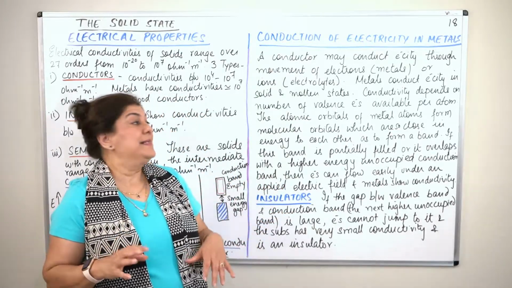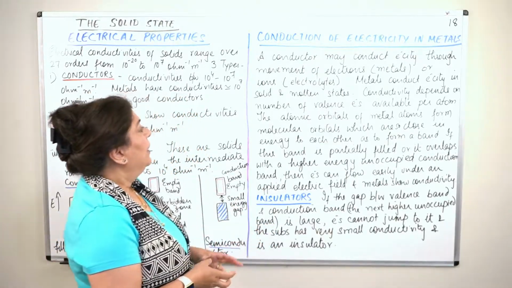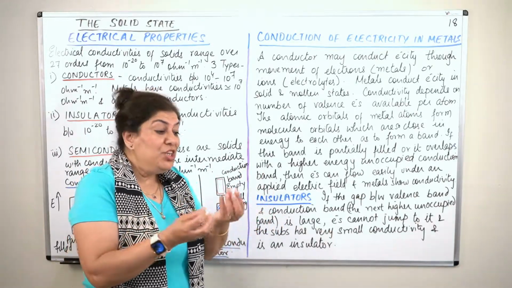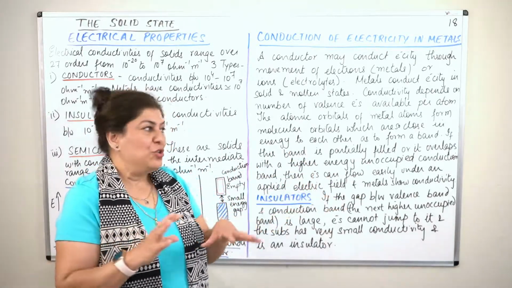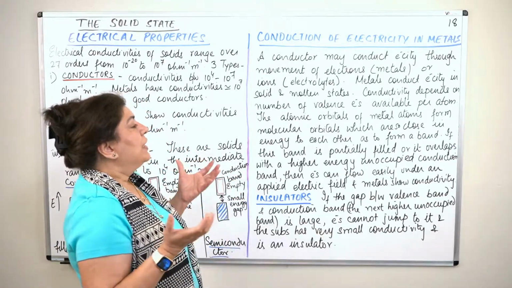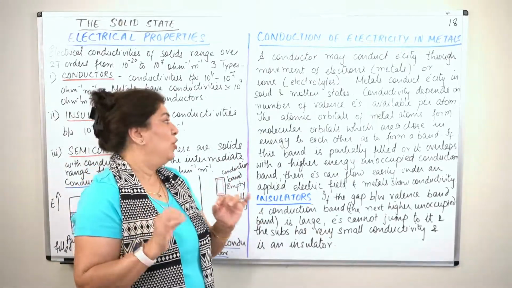And metals like aluminum have 3 electrons in their outermost shell. So the conductivity will depend on how many electrons or how many charge carriers there are. The more the number of electrons, the more would be the conductivity. So the conductivity depends on the number of valence electrons available per atom of the metal.